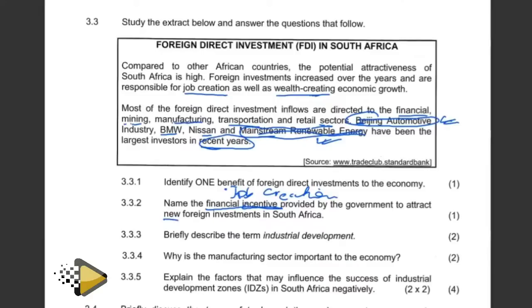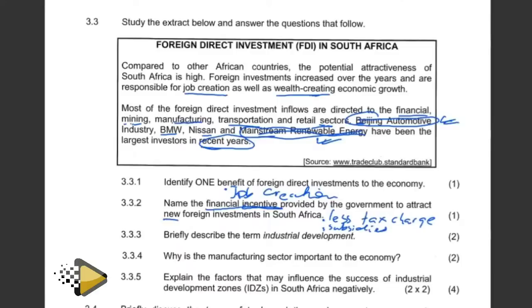So what they are going to say is less tax charge. They are going to charge them less tax, and also they are going to give the subsidies as well.